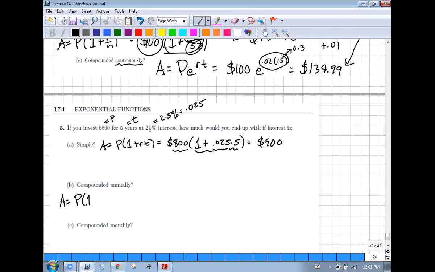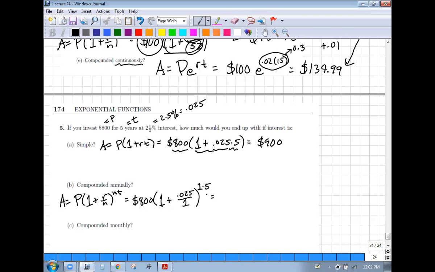amount is P times 1 plus R over N to the NT. So our principal is 800. Our rate is 0.025. We're compounding once a year. So the number of times is once times the 5 years.